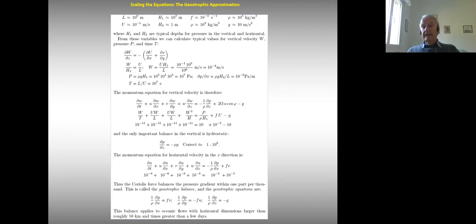Since we said that the geostrophic flow represents a very good approximation for horizontal dimensions larger than 50 kilometers and times greater than a few days, we are certainly within these time limits and space limits where the geostrophic assumption is valid.